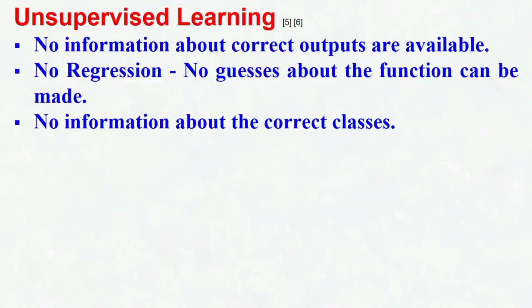Next, let us see about unsupervised learning. In unsupervised learning, there is no information about the correct outputs. It is not regression, no guesses about the function can be made, and no information about the classes can be given.